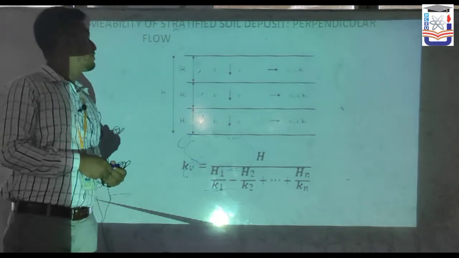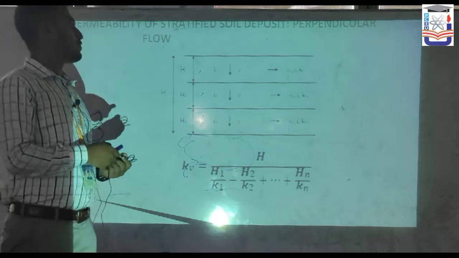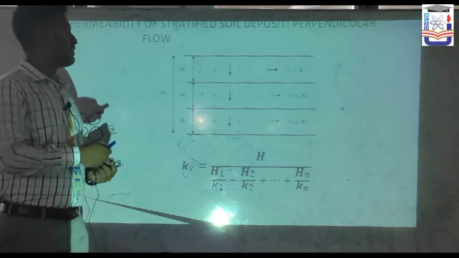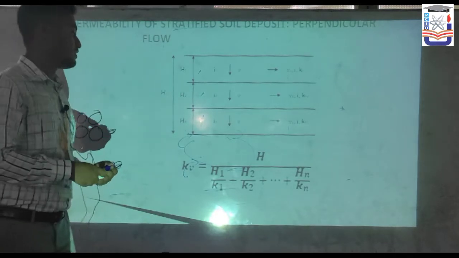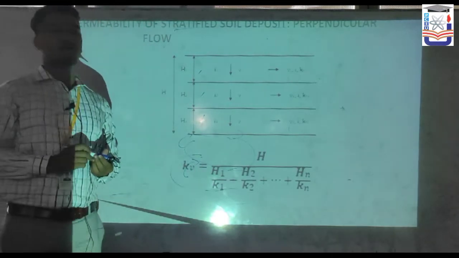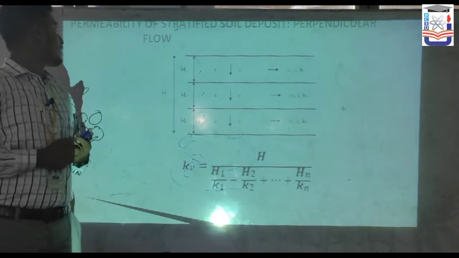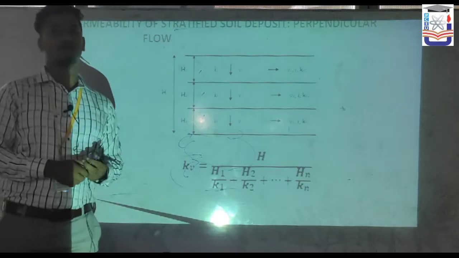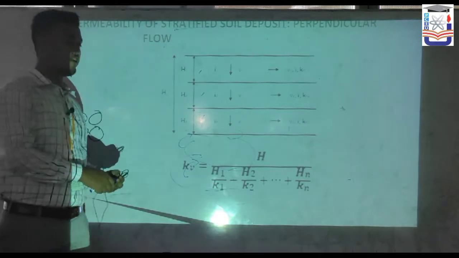But what happens if water flows perpendicularly in a stratified soil deposit? That's where this formula comes into the picture. We can find the permeability coefficient by this formula very easily.